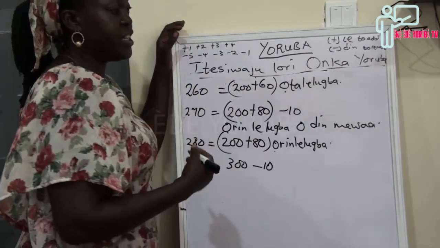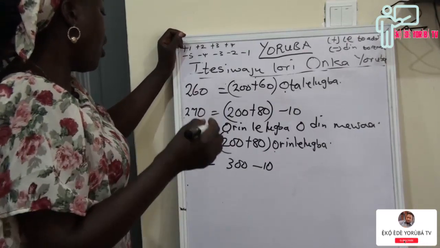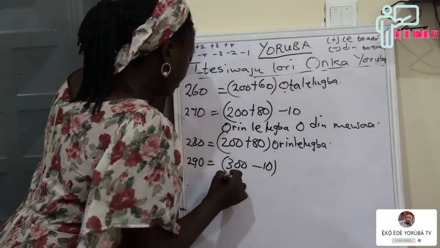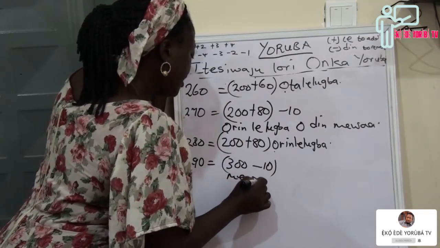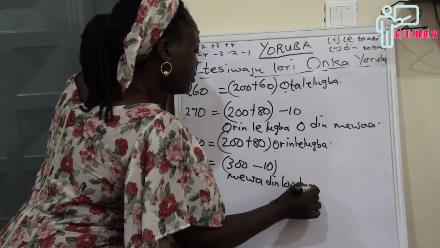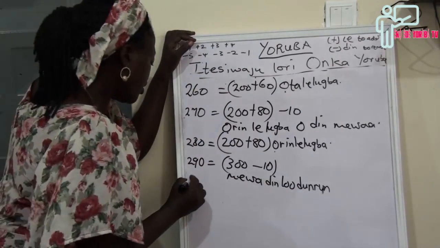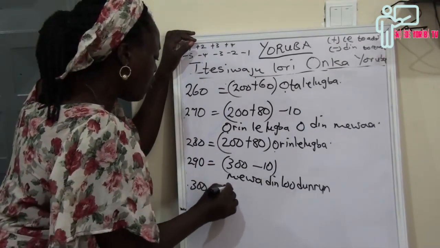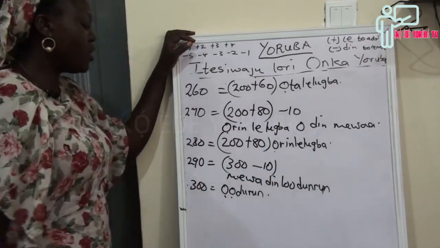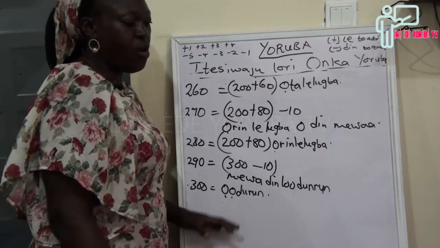Or you say mẹ́wàádínlọ́ọ̀ọ́dún. 300 is ọ̀ọ́dún in Yoruba.